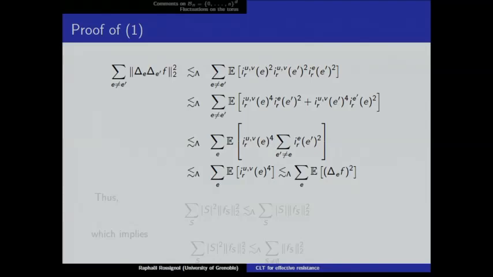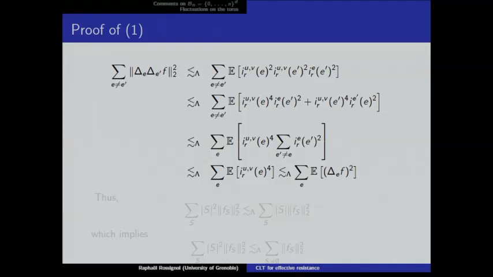And if I put the resistance of E prime in front of this term, I exactly obtain the energy dissipated by the unit flow from E minus to E plus. If I sum over all edges E prime, this is the effective resistance between E minus and E plus over the whole network.